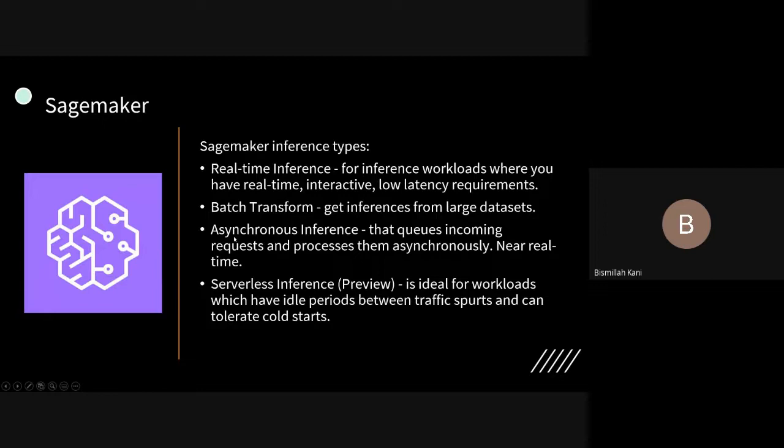And then, six months back, they introduced asynchronous inference, which, as the name says, does asynchronous invocations. When there is a queue up to your SageMaker endpoint, real-time inference can only do it synchronously, which means sequentially: take one image at a time, run it, and give you the result back. But let's say you have 100 images in your queue.